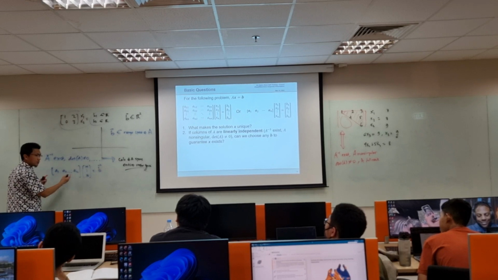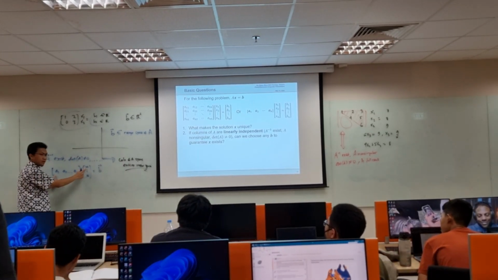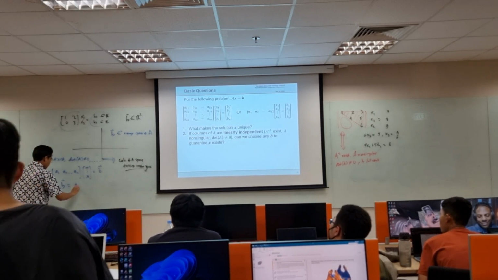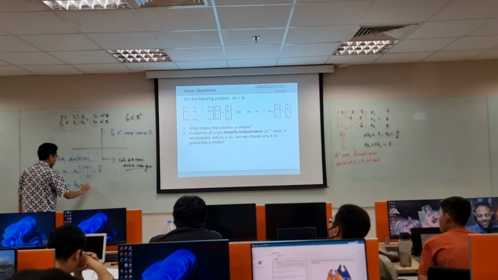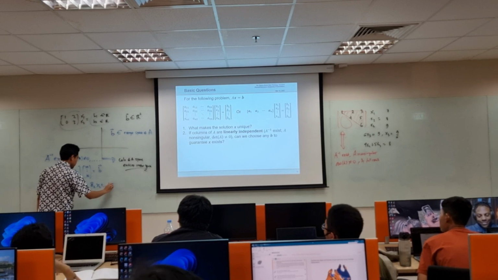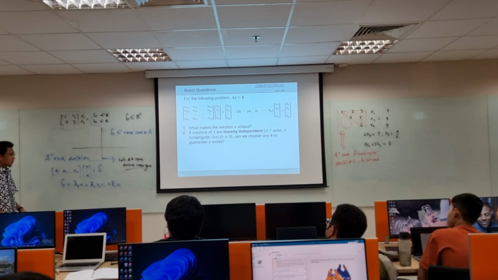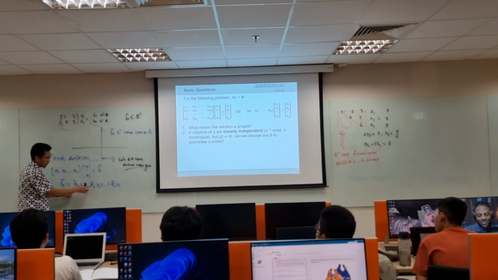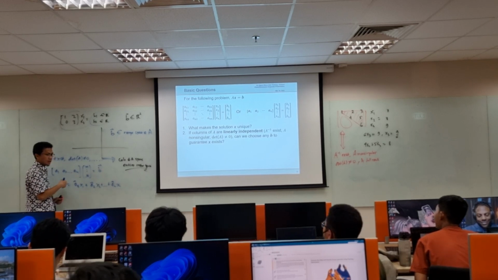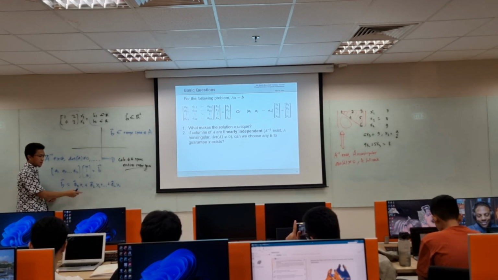B is A1 times X1 plus A2 times X2 and so on. So if the columns of A span the entire vector space, then we can choose any B from that vector space. This is called span.